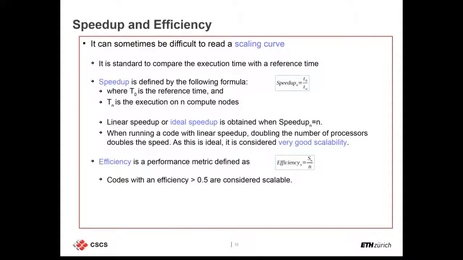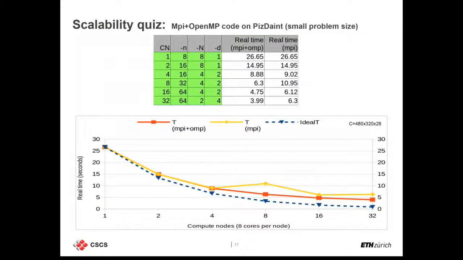So the idea here, if you go back to my example, is to find the best configuration in terms of compute nodes. So it's time for a little quiz. We know that the time decreases with the number of nodes, but we don't know exactly what we should choose.